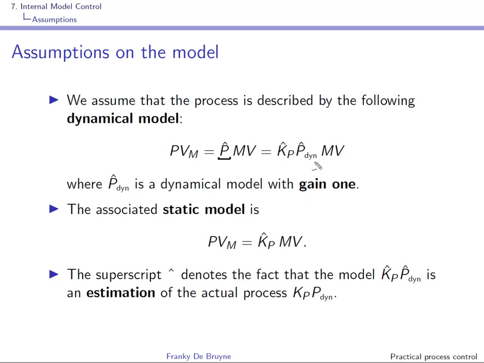So we can separate things so that you have the static gain Kp hat and a transfer function here that only takes into account the dynamics and has gain 1. Associated to the model, you have also a static model that only takes into account the static gain of the model.